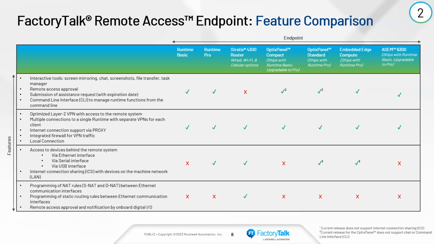Now, this last chart is just a comparison showing you the various options of the remote access endpoint software. So there's the remote access runtime basic and runtime pro, as well as the endpoints with their various entitlements that are put on them. So this chart, you can pause and just look at and see what the main differences are between each of the options available to you.